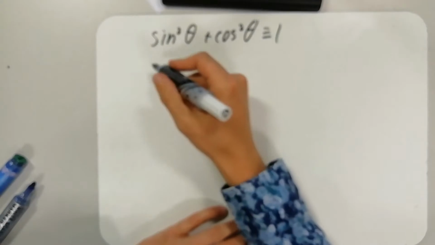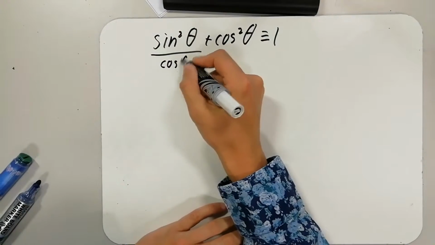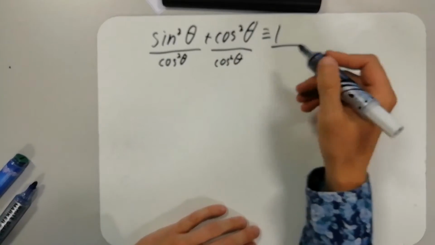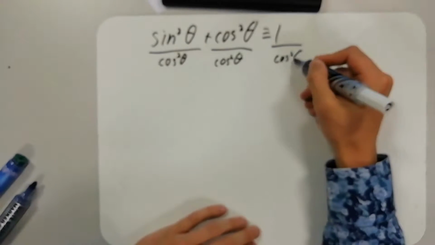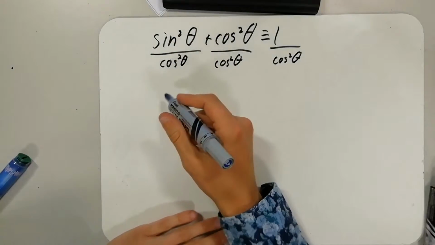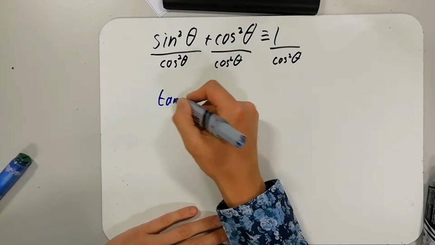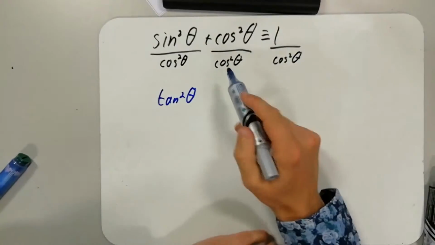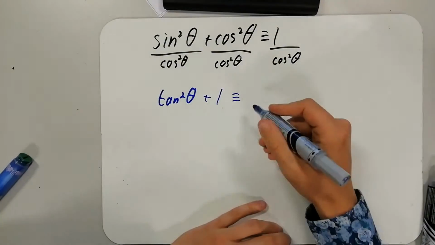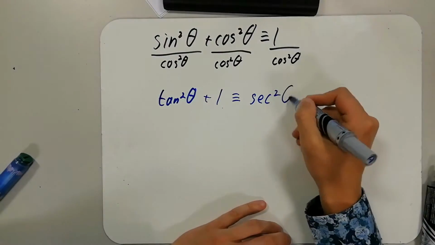We can divide through here by cos squared theta, and derive a new identity. Sine squared over cos squared is tan squared theta, plus 1 is the same as sec squared theta.